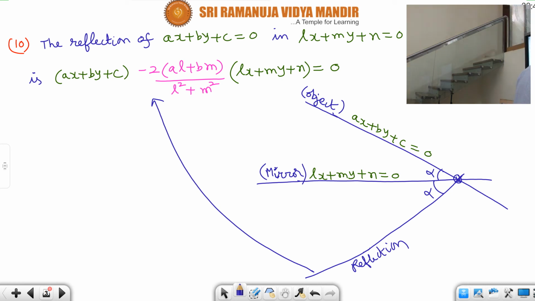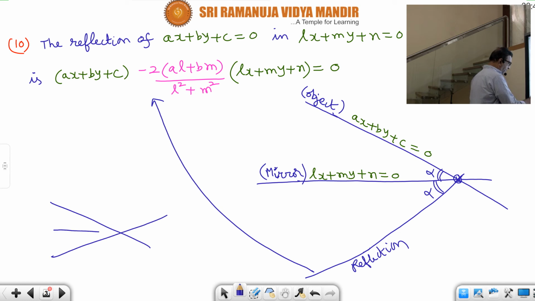Alpha and alpha you can see here. Between the object line and reflection line, the mirror line is one of the angular bisectors. If two lines are there, there will be two angular bisectors. One, this angular bisector, and another angular bisector, and of course they will be perpendicular to each other.